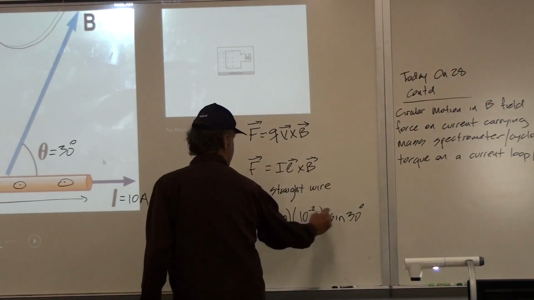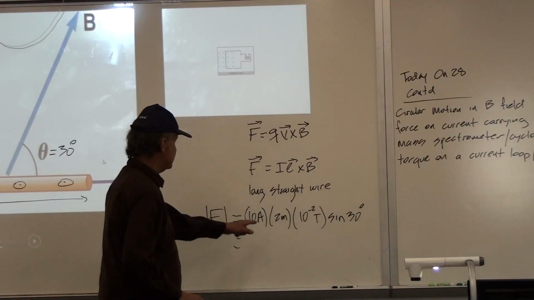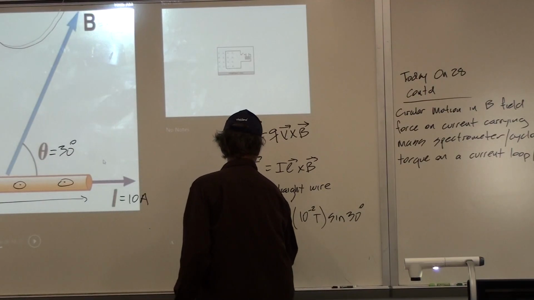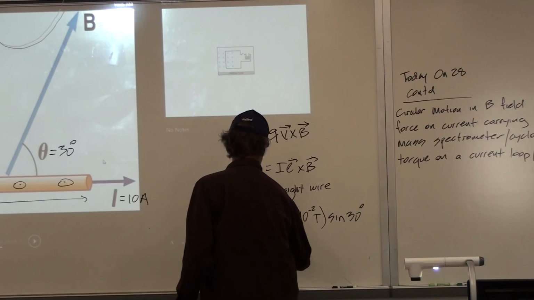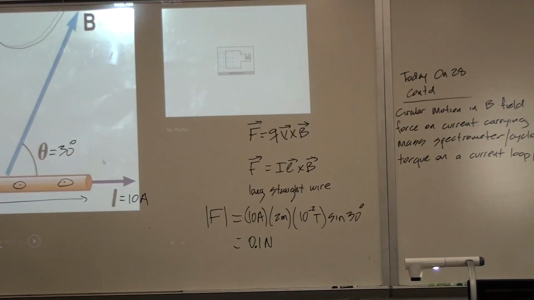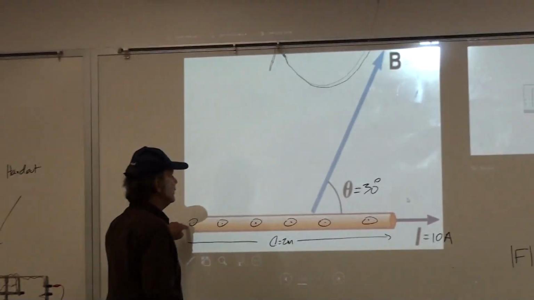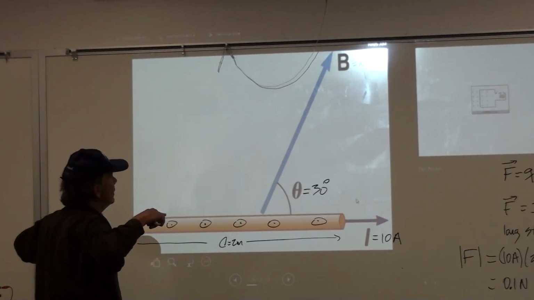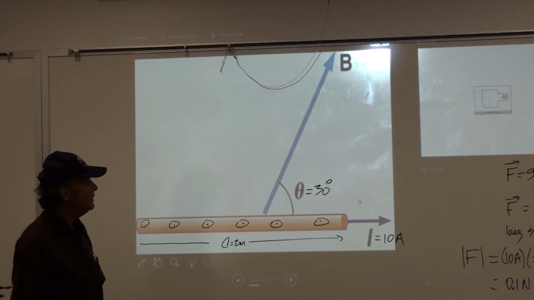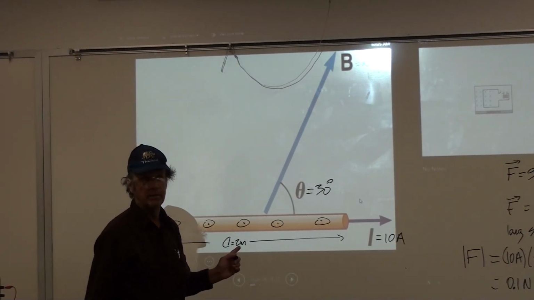The sine of 30 is 1/2, and so that cancels out the 2. So 10 times 10 to the minus 2 is 0.1 newtons. So we have 0.1 newtons uniformly distributed along the entire length of that wire and pushing it out toward us. Are there any questions about that?